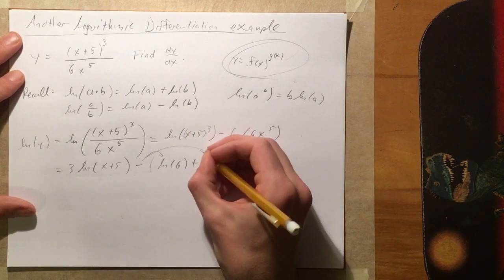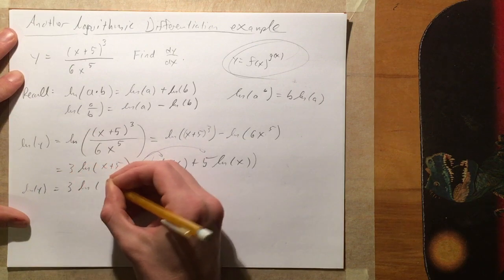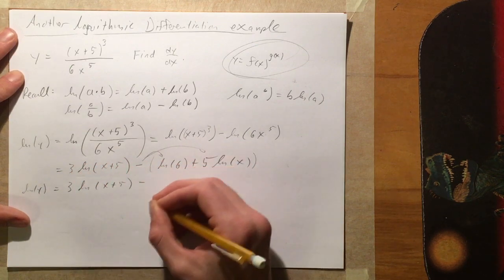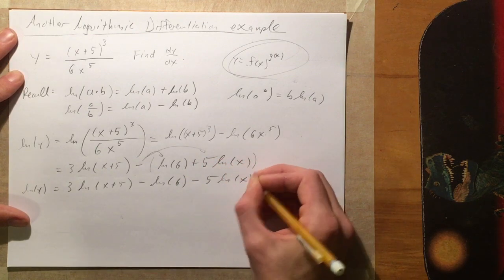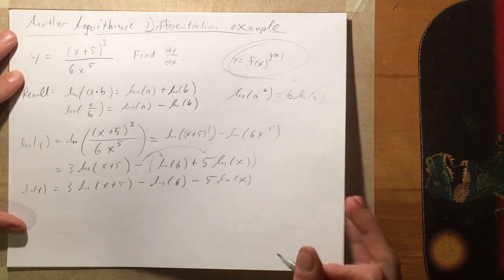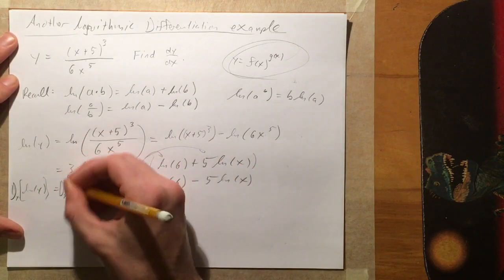And this negative should get distributed across here. So we end up with log of y equals 3 log (x plus 5) minus log 6, and then minus 5 log x. And so now that we've done that, now we can do our implicit differentiation.